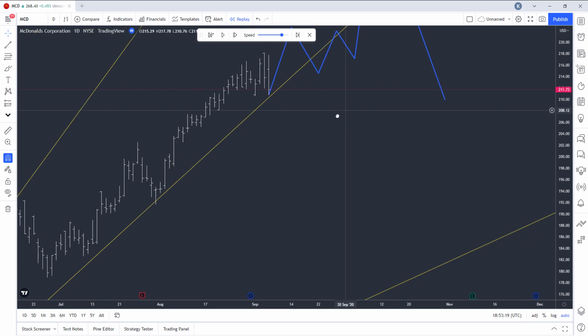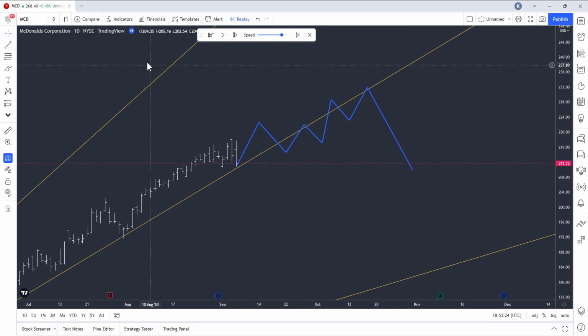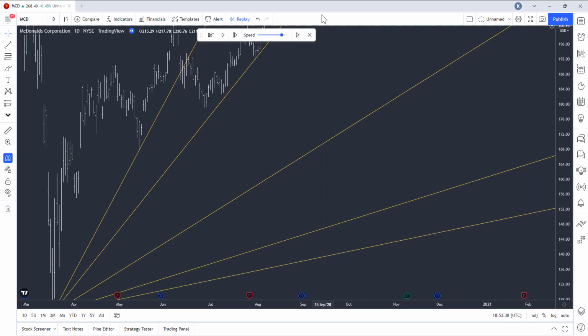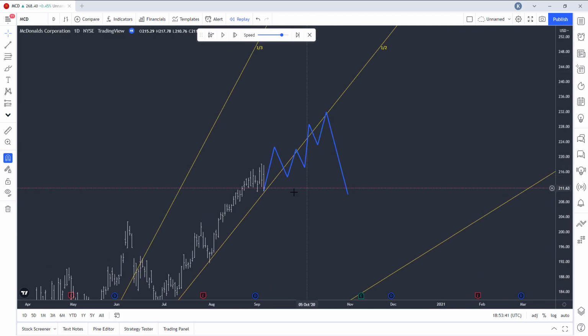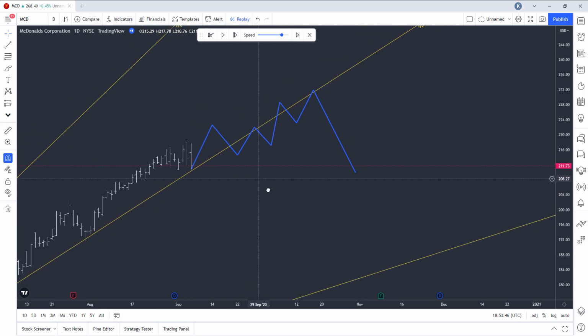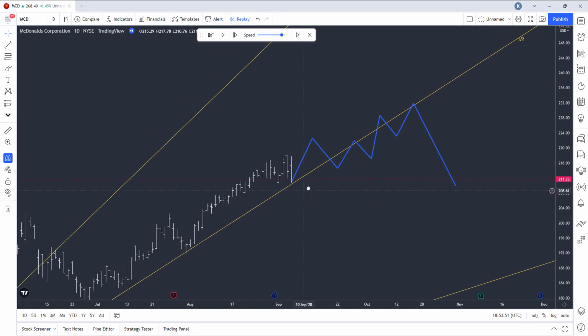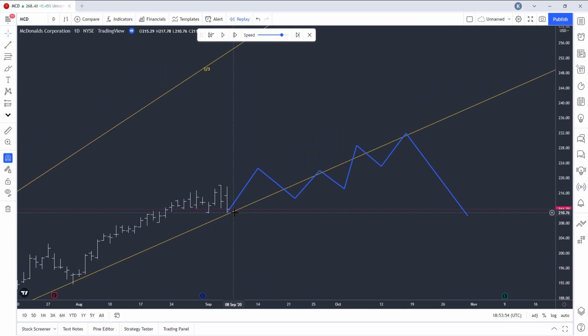From here we have a low, and we see the price is resting on an angle. Which angle? It is a 1 by 2 angle, let's say. And it is definitely above the 1 by 1 angle, so the stock is bullish. So on the buy date, we would like to place a buy or long order, right?